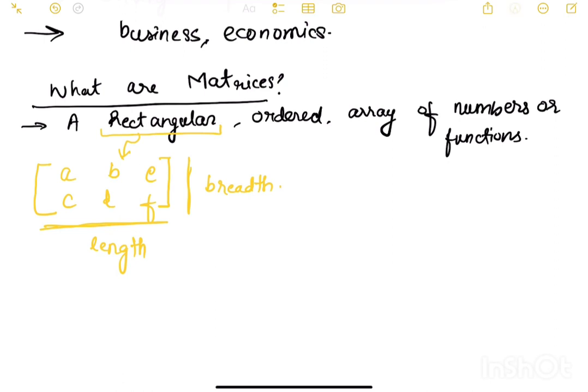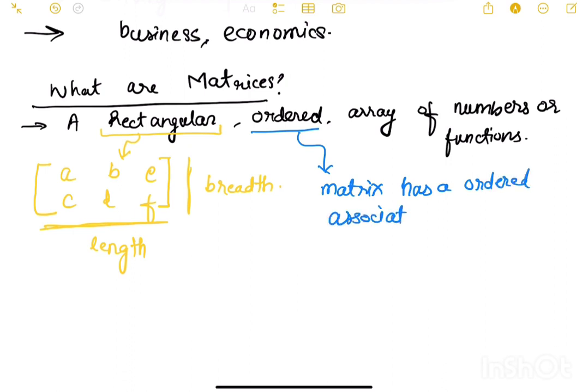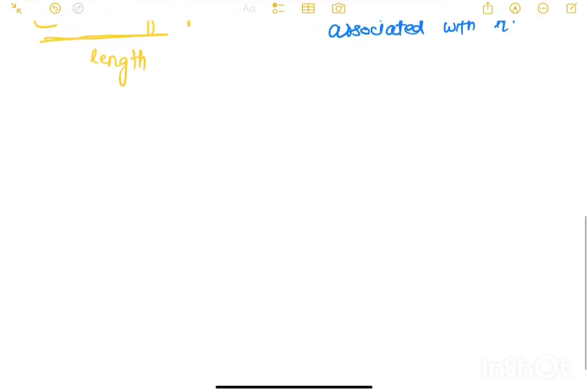Now what I mean by ordered is, every matrix has an order associated with it. So first of all, let's focus on what we mean by the order of a matrix.